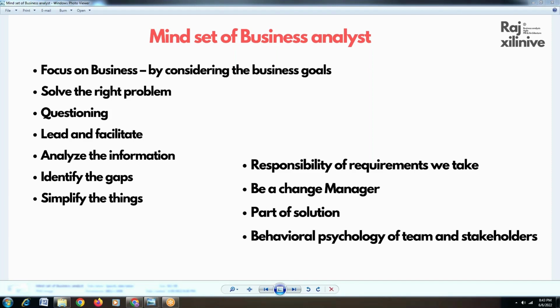Because if you want to make your application successful within the existing timelines, you need to know about the traits of the people as well. That is one more thing you must be good with. So these are the different aspects we have to consider when we talk about what the mindset of a BA is all about.